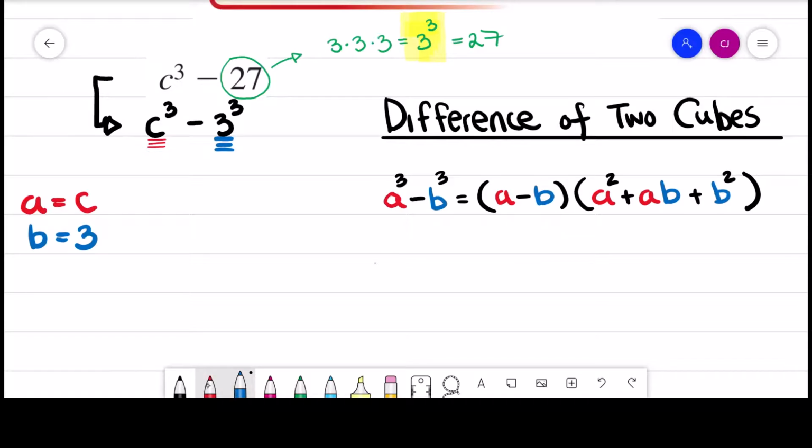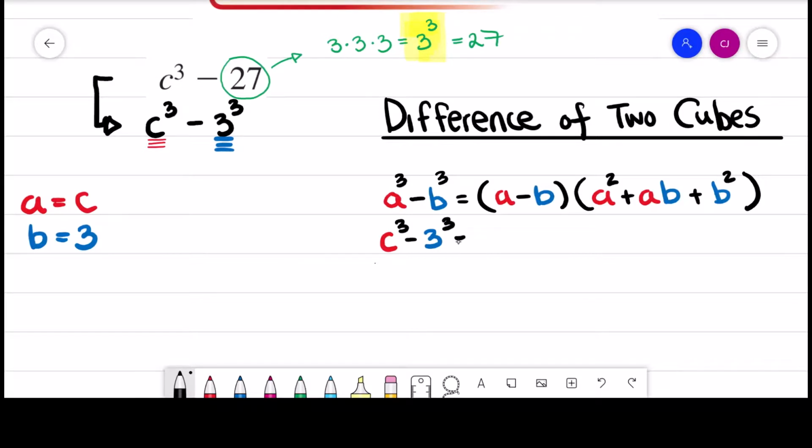So I'm saying that c to the third power minus b, which in this case is going to be 3 to the third power, is going to equal a minus b, and so on and so forth. So what I'm doing is inserting my known values of my polynomial so that I can then match it to my special factoring pattern.